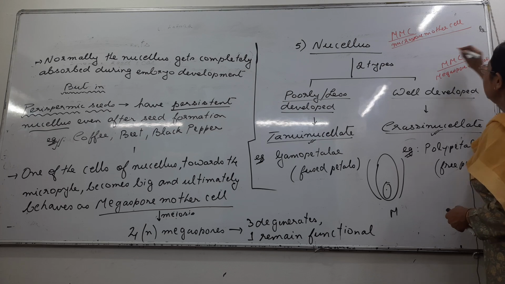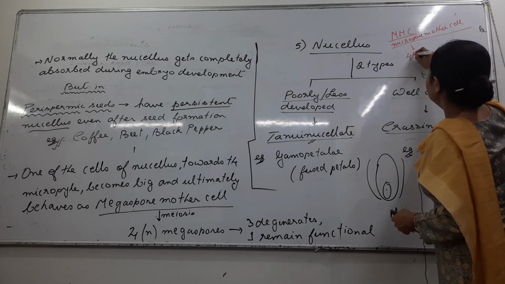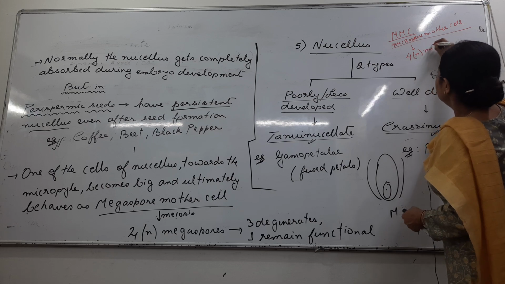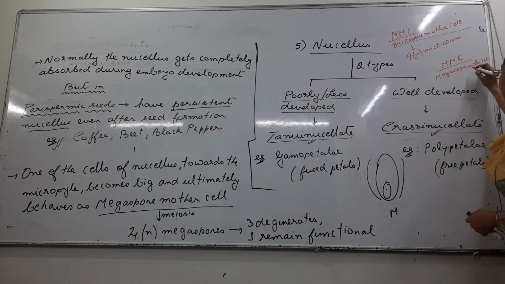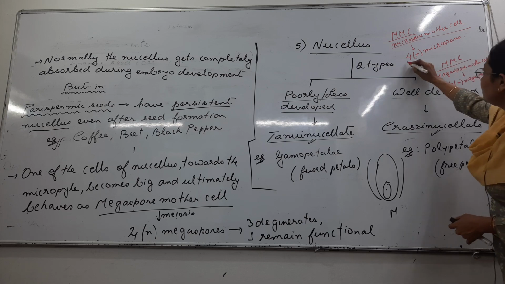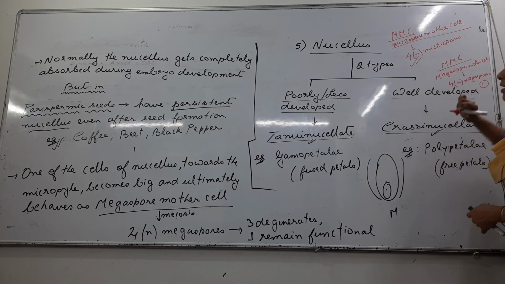The mother cell undergoes meiosis and forms what? Microspores. It forms 4 haploid megaspores, understood? Out of these 4 microspores, all will survive. Out of these 4 megaspores, only one will survive.